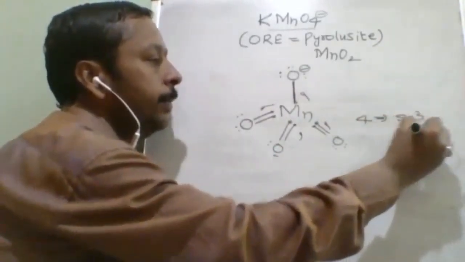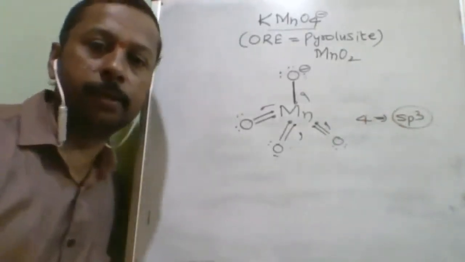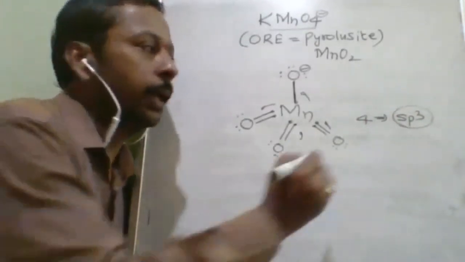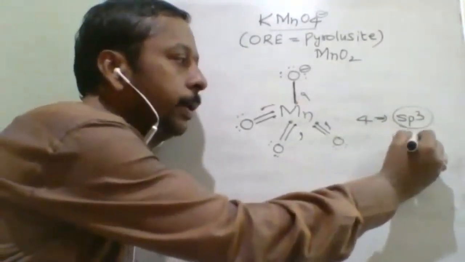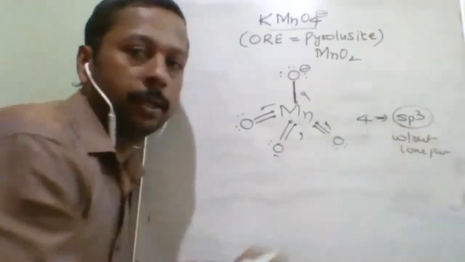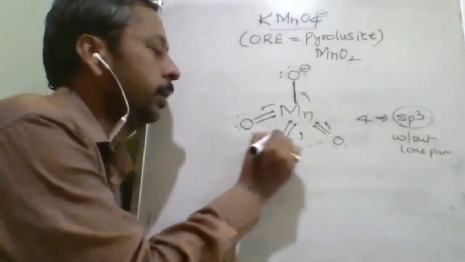Therefore, what will be the hybridization? sp3 hybridization, without lone pair. So what will be the structure? Tetrahedral.